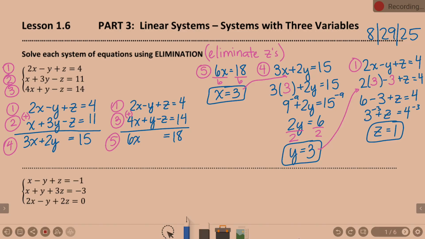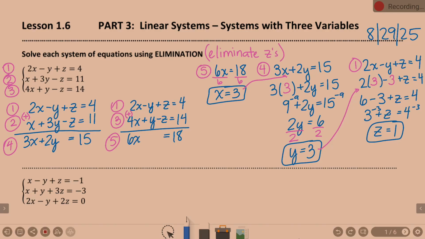Okay, am I done? Did I find an x, a y, and a z? I did. Now the question becomes how to express your answer. How have we been expressing our answers? Ordered pairs, right? It was an x and a y in parentheses. Well, expand that a little bit.